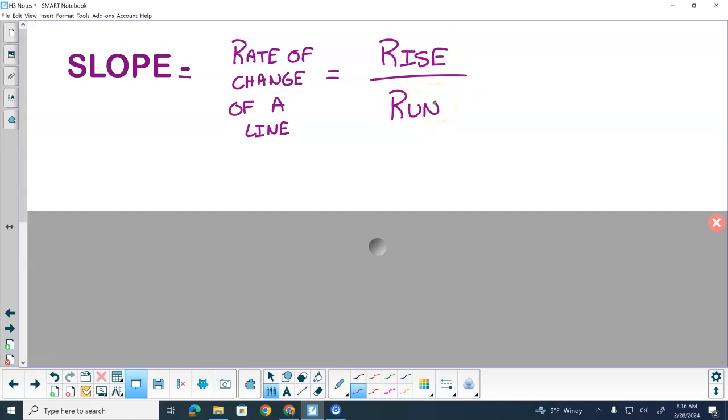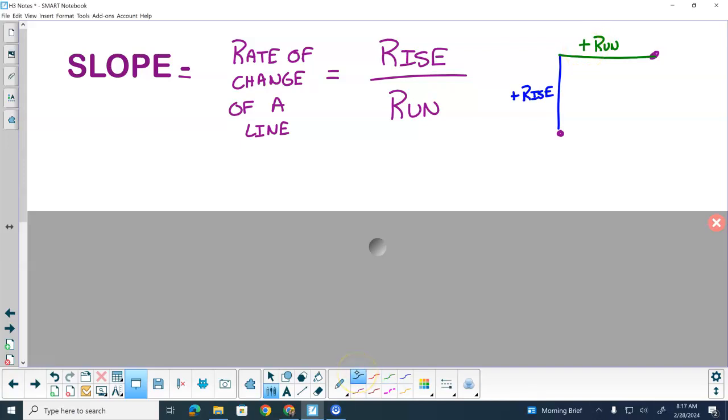So remember, when we have 2 points on a line, our rise is here, and our run is there. Okay? And that would be a positive run.